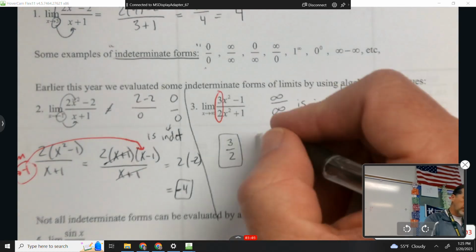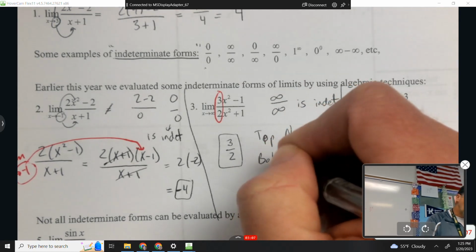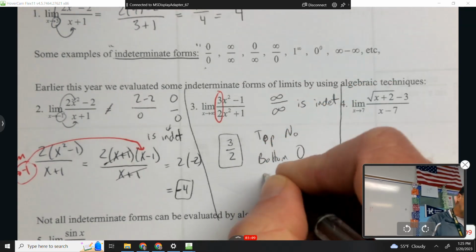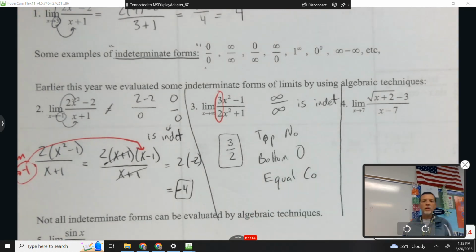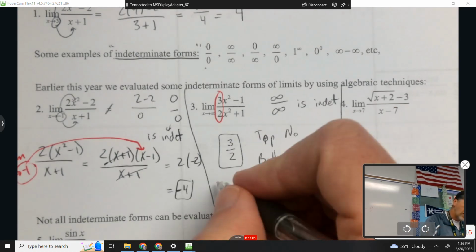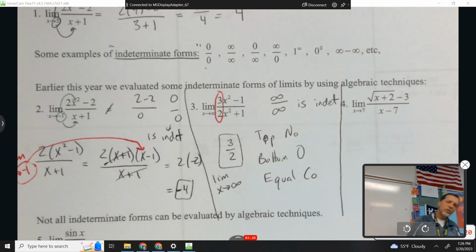Top no, bottom no equal co, as x goes to infinity, you can use that little trick.